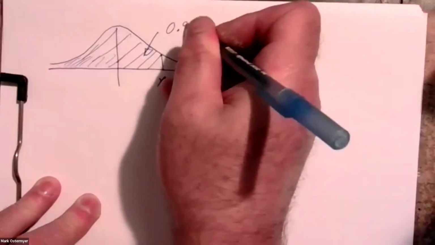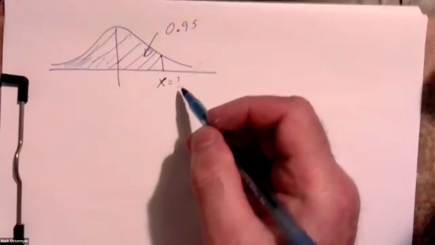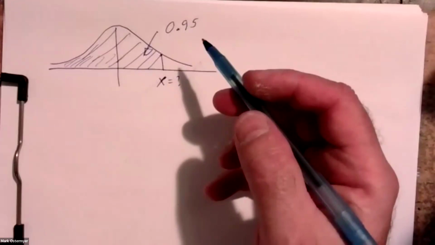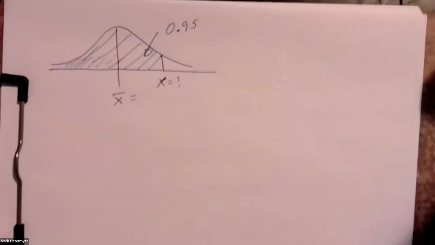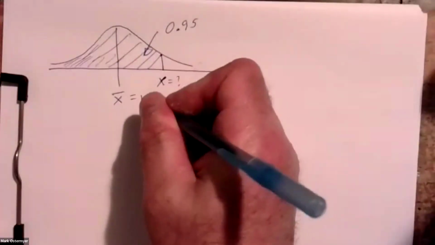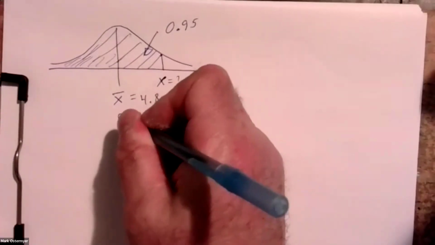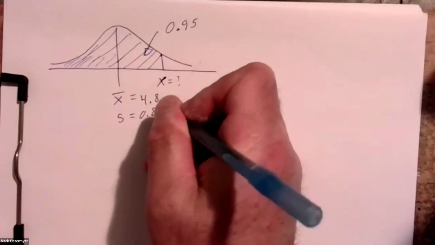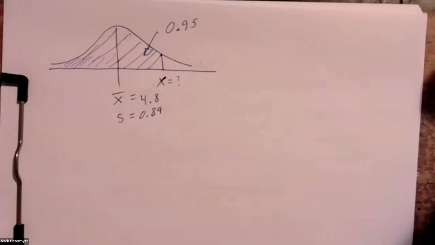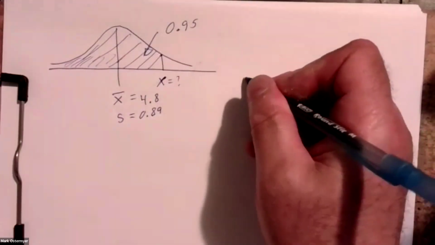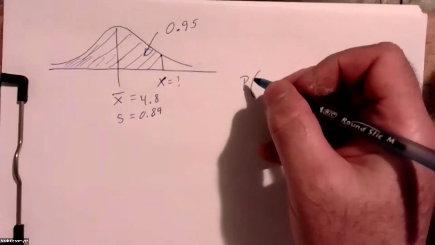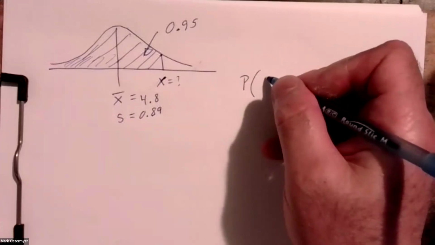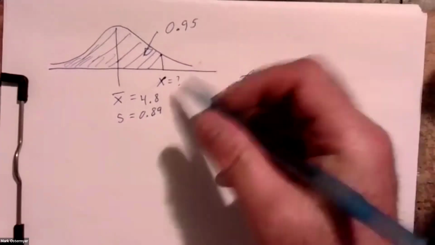So now we're given the area, but we're being asked to find the percentile value below of which is 95% of the area of this curve, where again, the mean is equal to 4.8 years, and the standard deviation is equal to 0.89 years. So we're trying to find this percentile value.